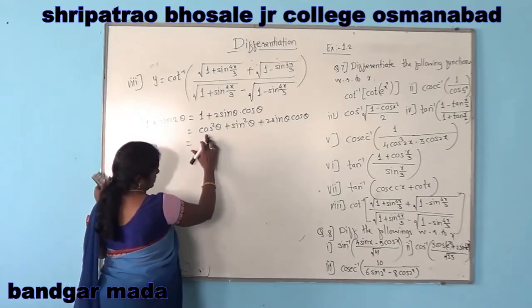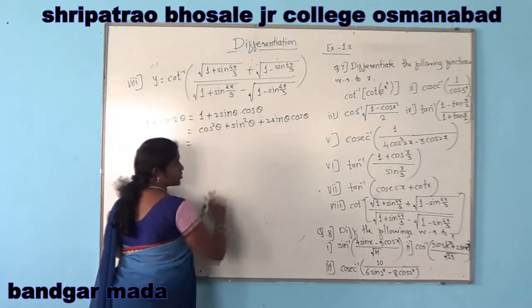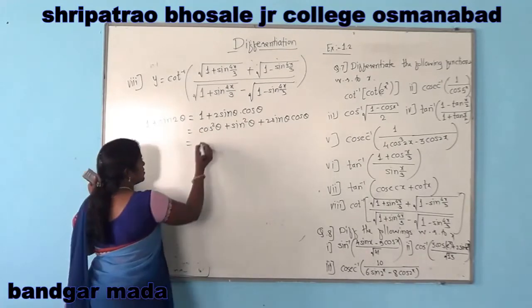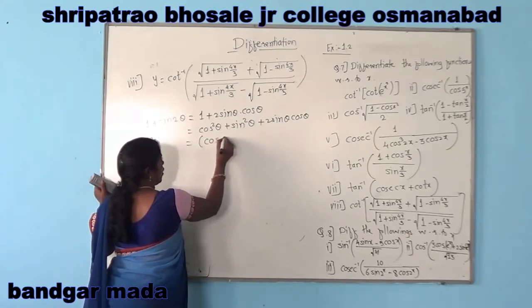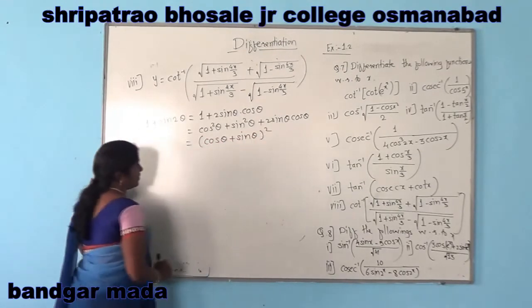We can write this as a square plus b square plus 2ab, which is a plus b bracket square, so that this will give cos theta plus sin theta bracket square.